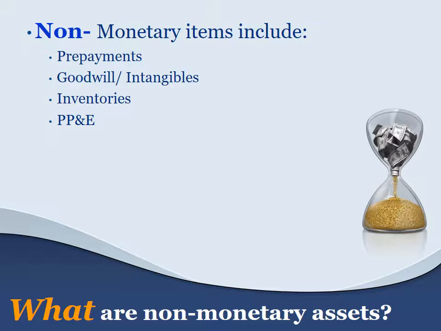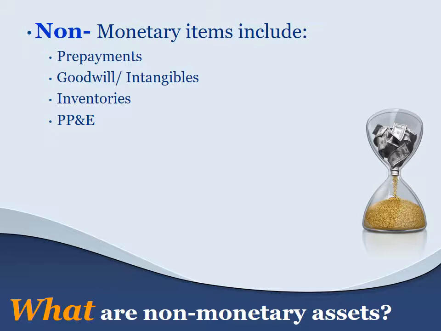While we're here, I would like to point out though that when it comes to things like goodwill, and I guess everything that we've got on this list, if we were converting the balance sheet of a foreign subsidiary company, then we wouldn't make this distinction between what is a monetary and a non-monetary item, as all items on a foreign subsidiary company's balance sheet are converted at their closing rate.